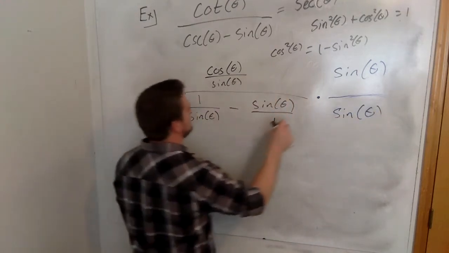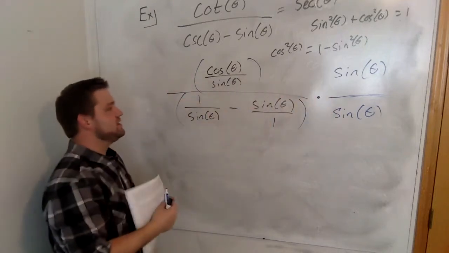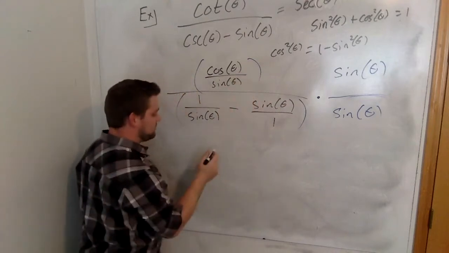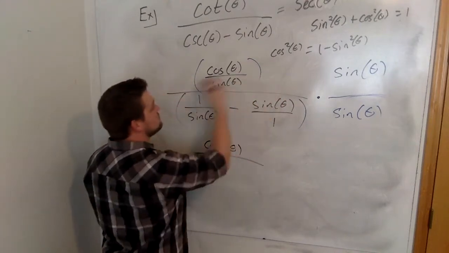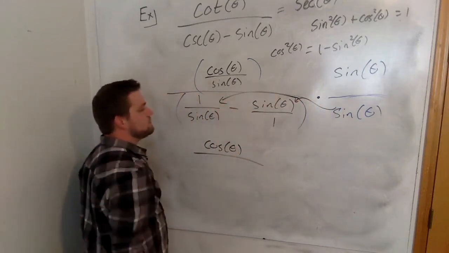Okay, don't forget your parentheses. Be paranoid with parentheses. Now when I multiply this in, sine of theta, those sine of thetas will cancel. I'll just be left with a cosine of theta in this numerator. This sine of theta is going to distribute into here.